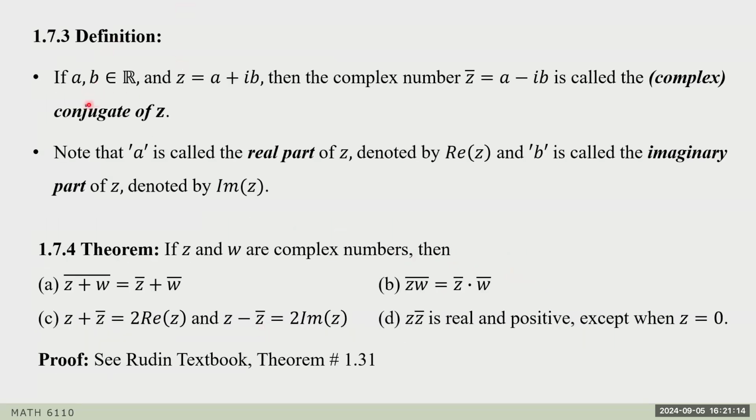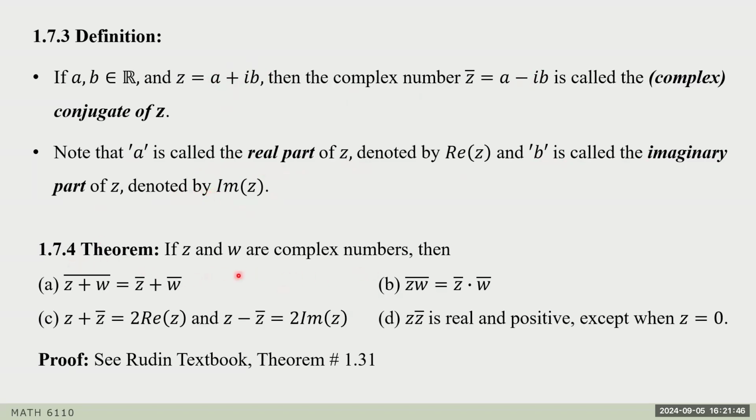Of course, we have something called the complex conjugate. If you have a complex number a plus ib, the complex conjugate is you just change the sign in the middle. a is called the real part of the complex number, and b is called the imaginary part. So the conjugate is you just flip the sign of the imaginary part.